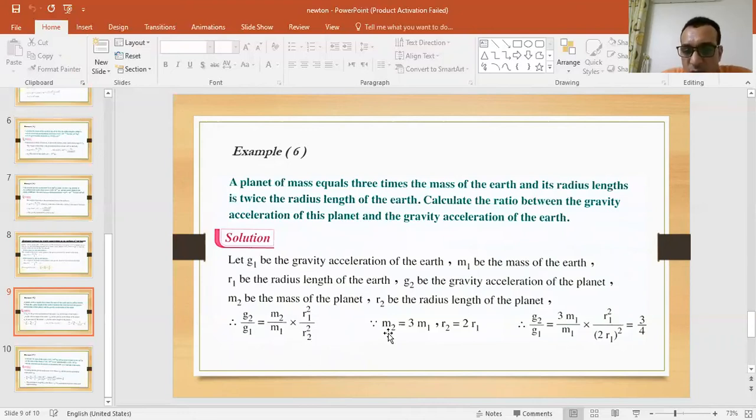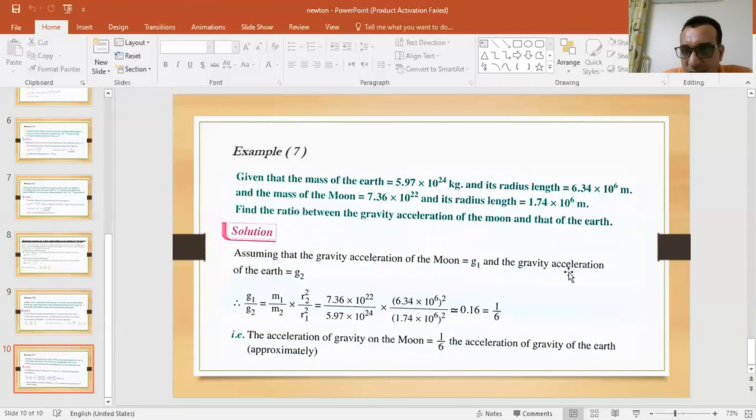We have M2 equals 3M1 and R2 equals double R1. By replacing in this formula, we get that g2 over g1 equals 3M1 over M1 multiplied by R1 squared over 2R1 all squared. By simplification, M1 cancels with M1 and R1 squared cancels with R1 squared, then we have 3 over 4.